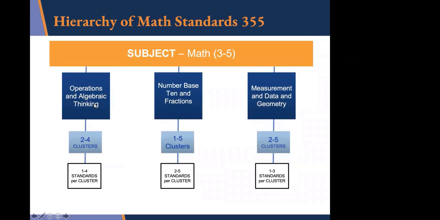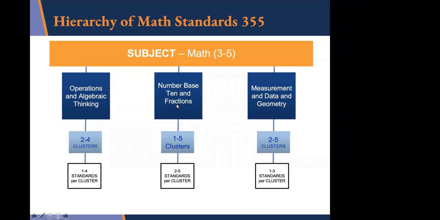So operations for 3 through 5. It actually is K through 5, but the SAS is only 3 through 5, and then 3 through 8. So the operations and algebraic thinking with clusters underneath and standards underneath that. Numbers in base 10 and fractions, they put together. Measurement and data and geometry. No, actually, this is wrong.